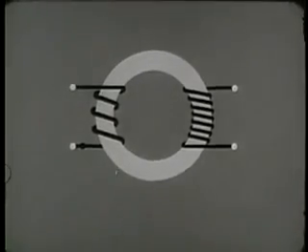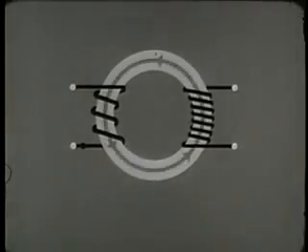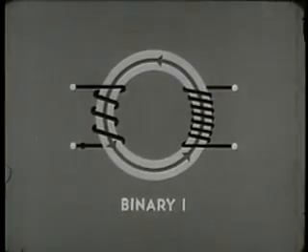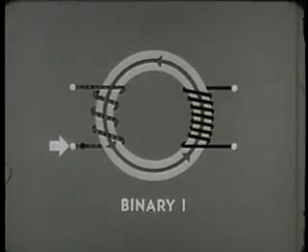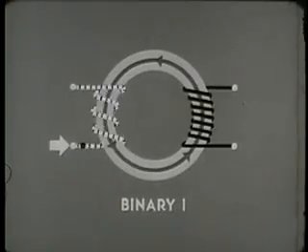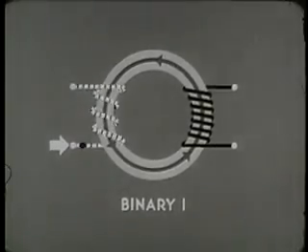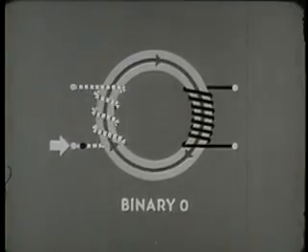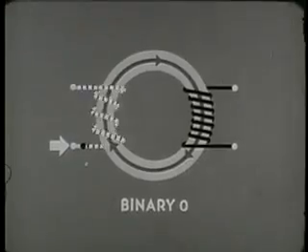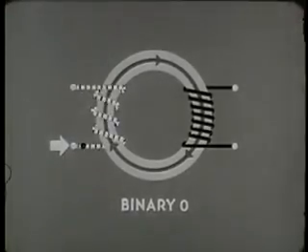Let's follow the transfer of information from input to output. Assume the core is in a state of positive residual magnetism, in the binary 1 state. To change the core to binary 0, we send current into the dot side of the input winding. Dot current switches the core to binary 0, reversing the direction of the magnetic lines of force.